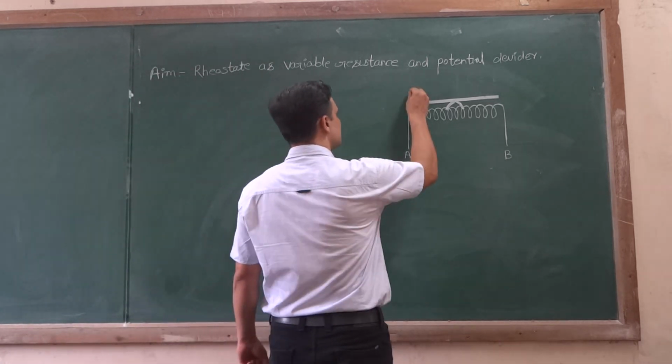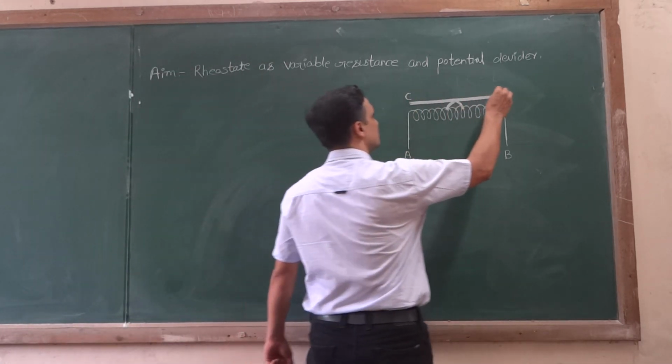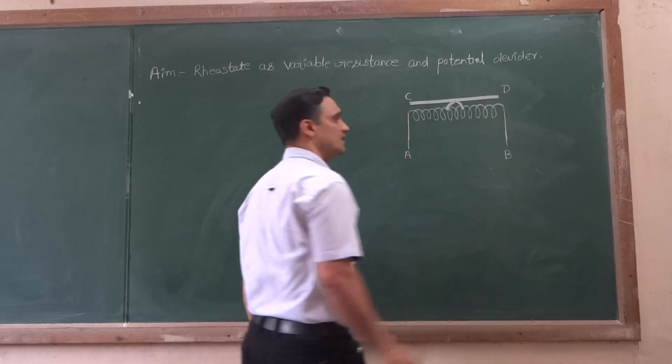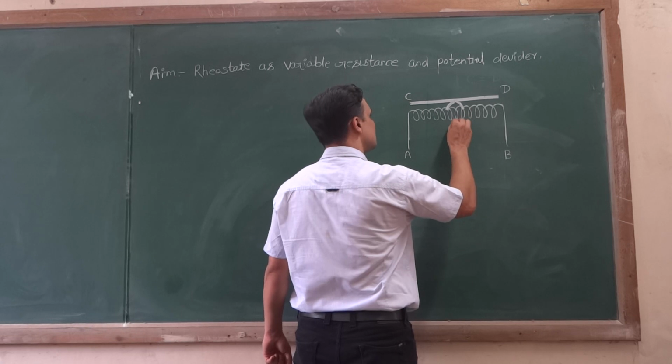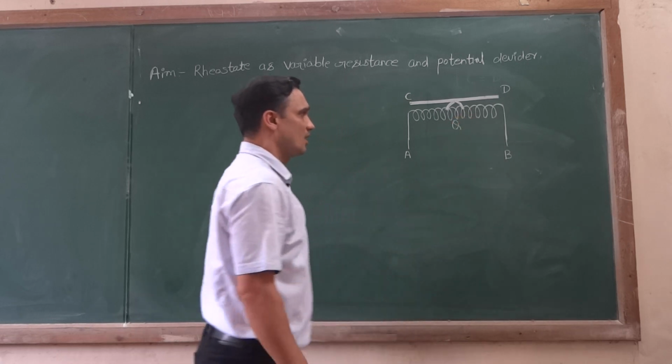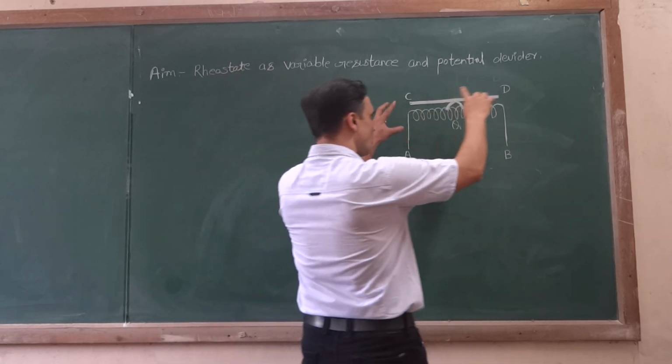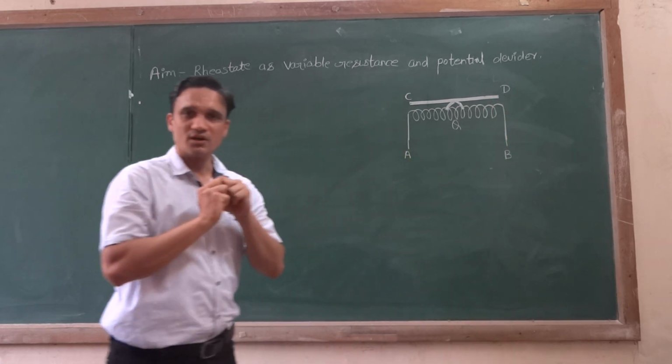This rod can be denoted as C and D, and this contact can be considered as Q. Now, this is the whole construction of the rheostat.